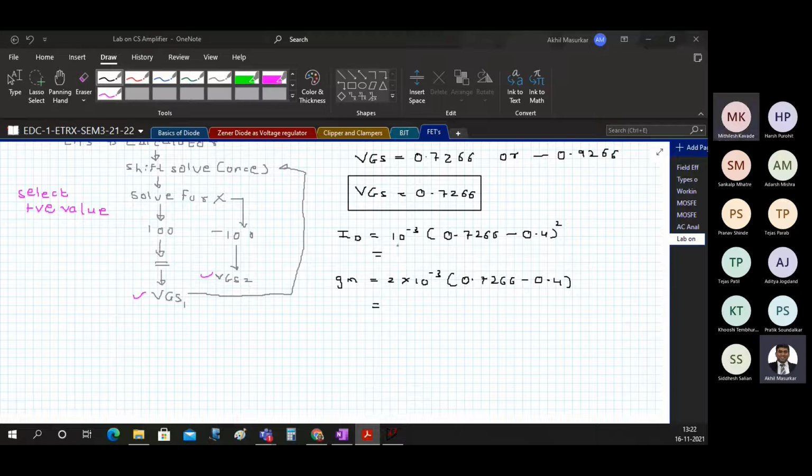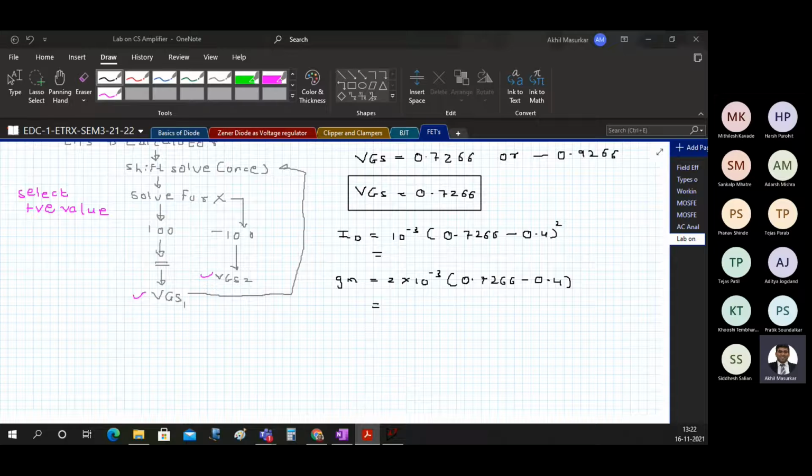So 1.066 into 10 to the power minus 4. No, how come? It should be 106. There is a 10 raised to minus 3 outside also. Your value is correct, but powers are wrong.